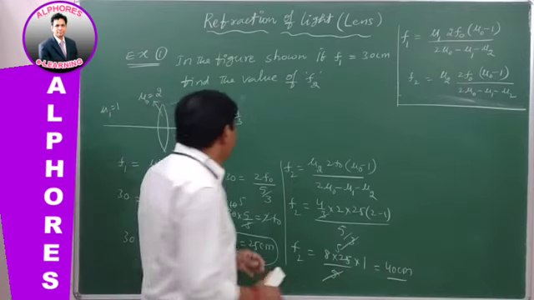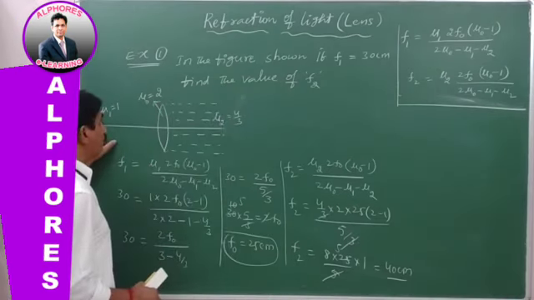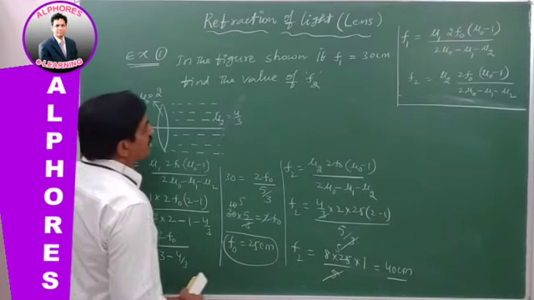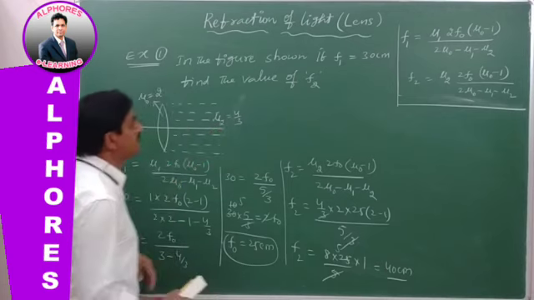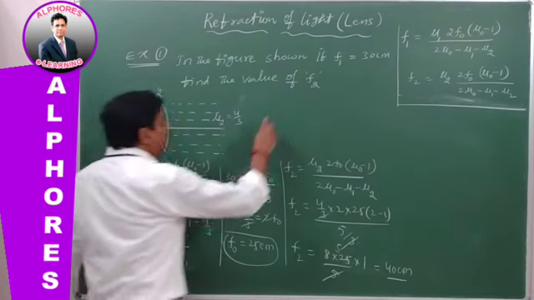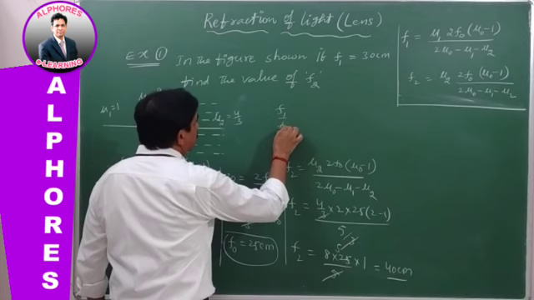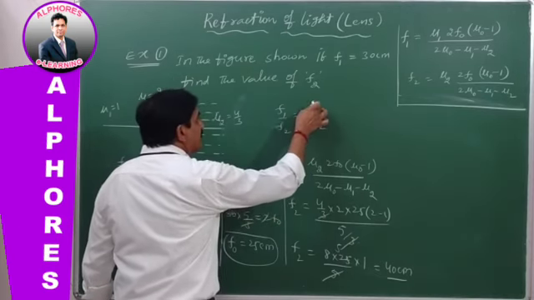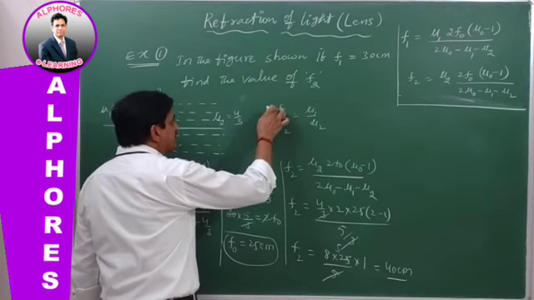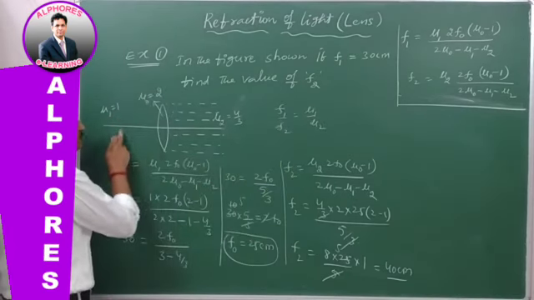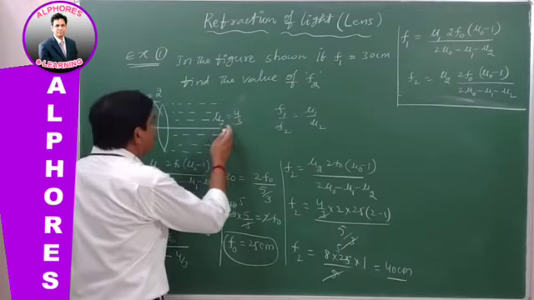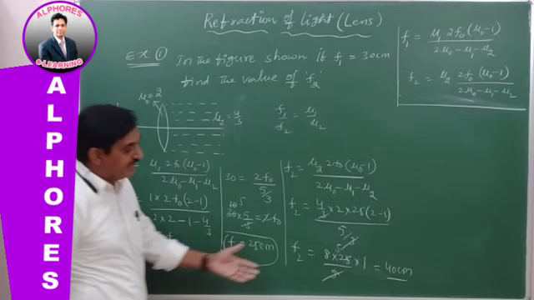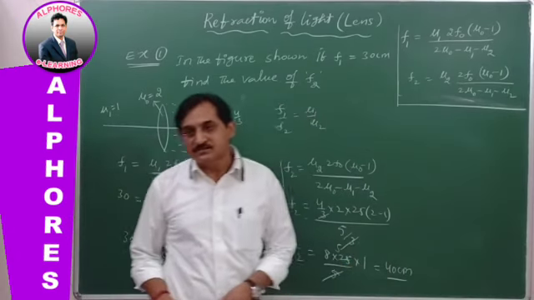So very clear, when the refractive index is more on a side, then the focus point distance is also more, because the relation is already given, f1 by f2 is equal to mu1 by mu2, meaning the refractive index is more, the focus point distance is also more. Here 1 corresponds to 30 and 4 by 3 is more than this, therefore its focus point distance is also greater, which we obtained as 40 centimeters.